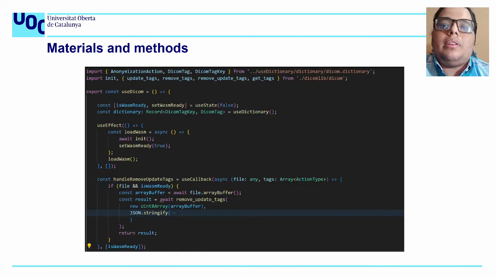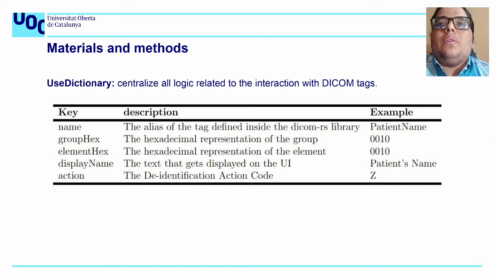To interact with this, we have a custom hook inside React called useDICOM. This hook loads the WebAssembly module and enables us to use it in the rest of the application. Finally, we have useDictionary.